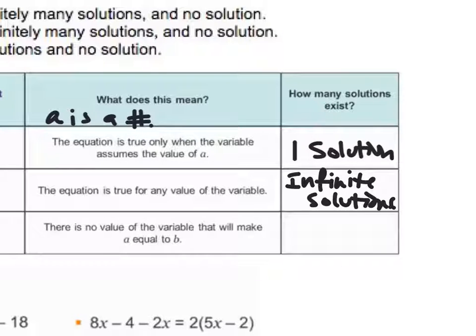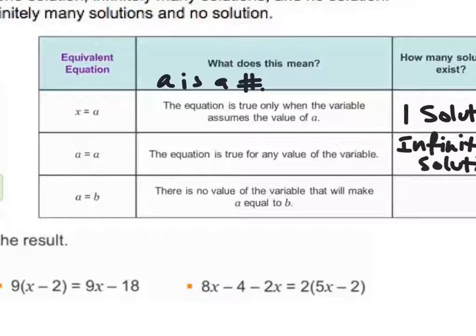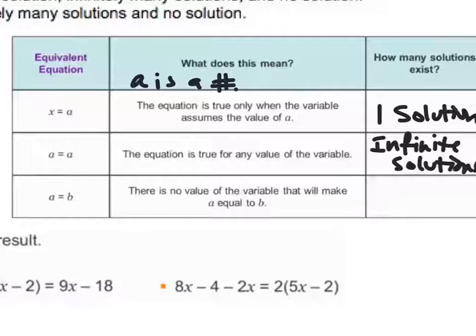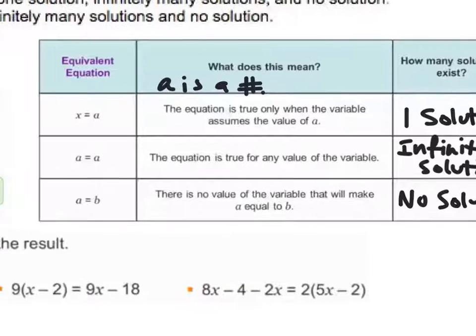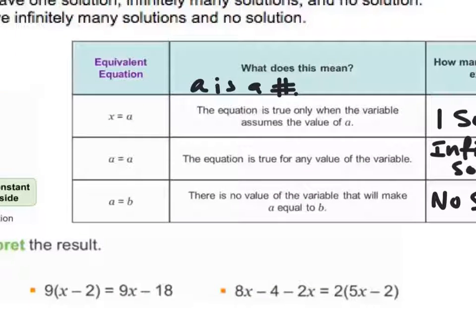On the other side of this, if you have a equals some number b, a false statement, so there's no value for the variable that makes a equal to b, then you have no solution. So rule of thumb: x equals a number, you have one solution. If you get a true statement, you have infinite solutions. If you have a false statement, you have no solutions.